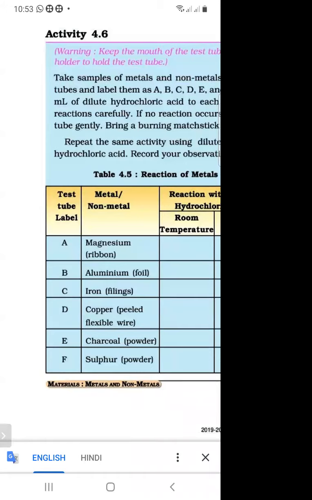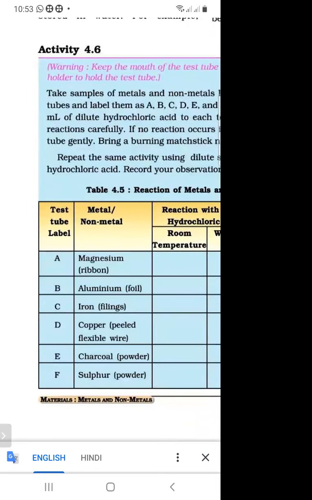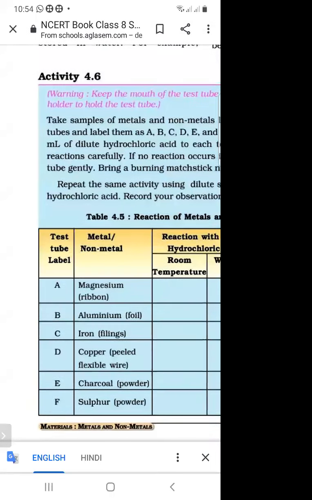And in test tube E, we are taking charcoal, and in test tube F, we are taking sulfur. So in the different test tubes, we are taking different metals and non-metals: in test tube A, magnesium ribbon, in B, aluminium foil, in C, iron filings, in D, copper, in E, charcoal, and in F, sulfur powder.